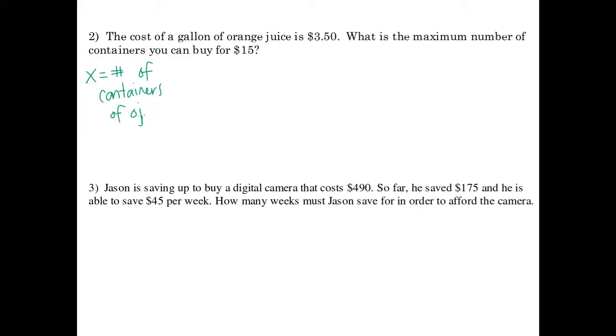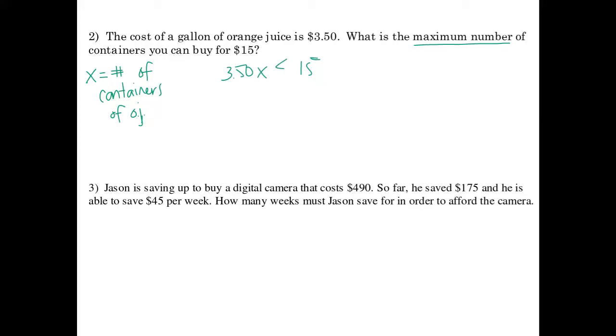So if you think about it, when you go to the grocery store, if they're $3.50, we take $3.50 times the number of containers that we buy, and that'll tell us the total price. If we want to know the maximum number, well, if I have $15 in my pocket, can I spend more or less than $15 on orange juice?